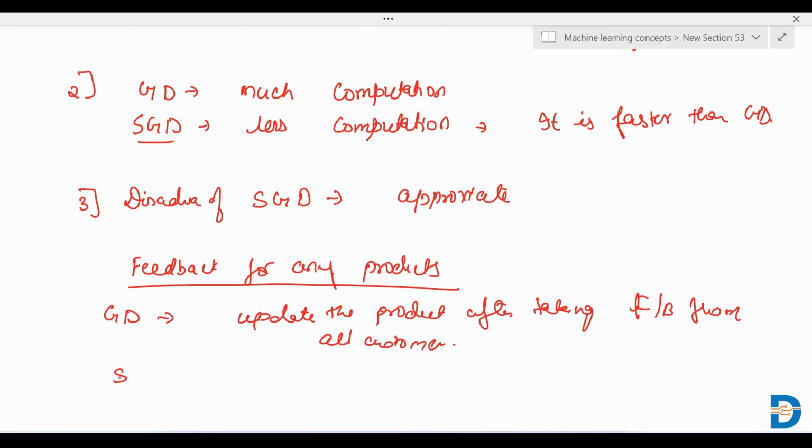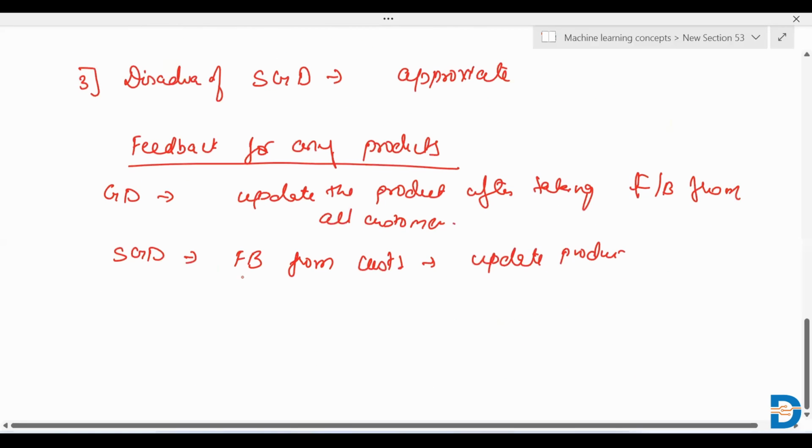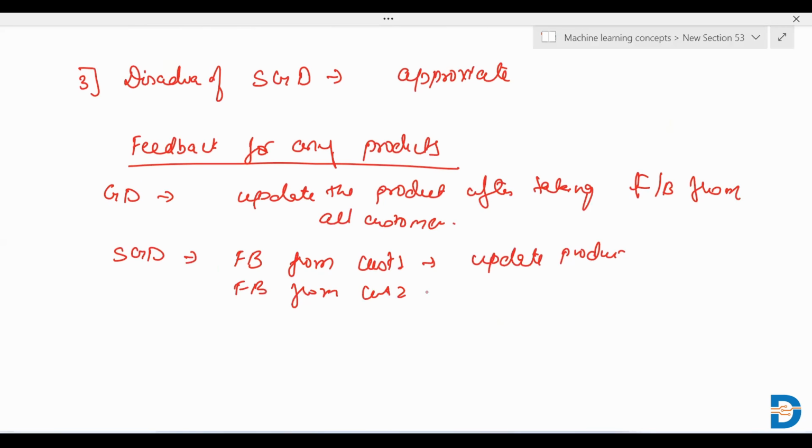While in stochastic gradient descent, we take the feedback from customer 1 and update the product. Then, with the updated product, we take the feedback from customer 2. Then we update the product. So the process goes on like that.